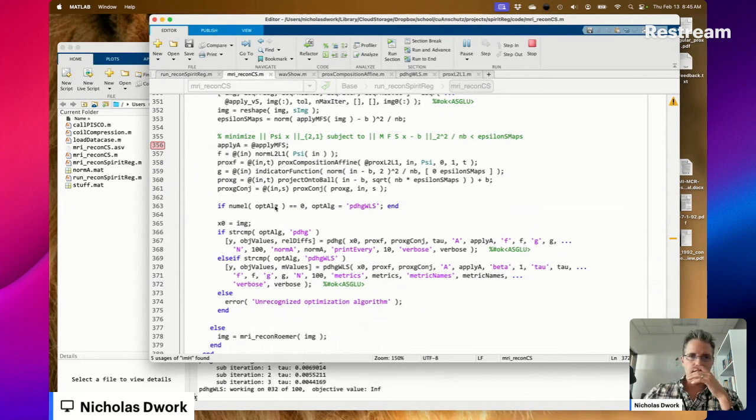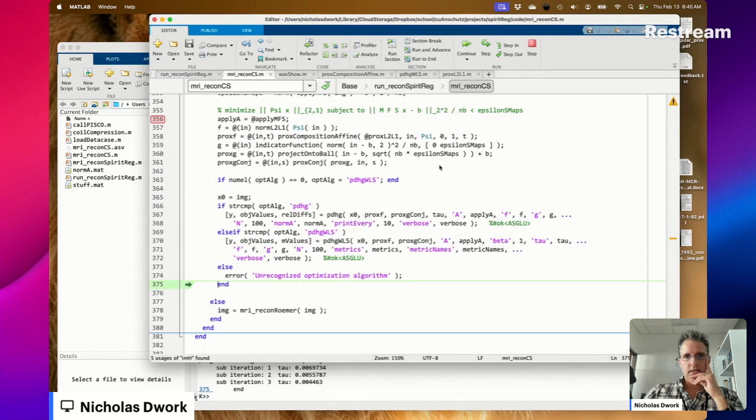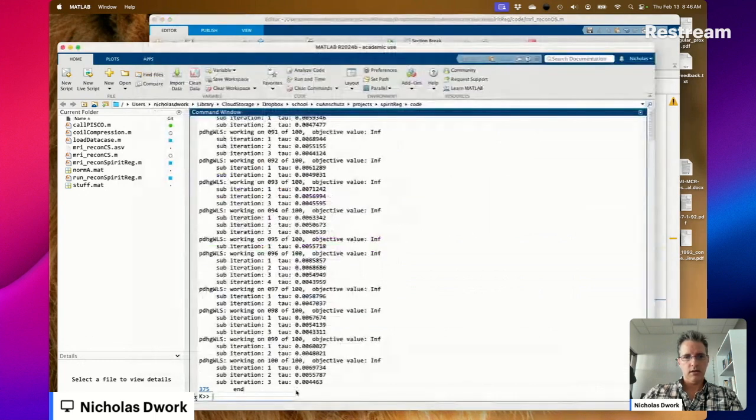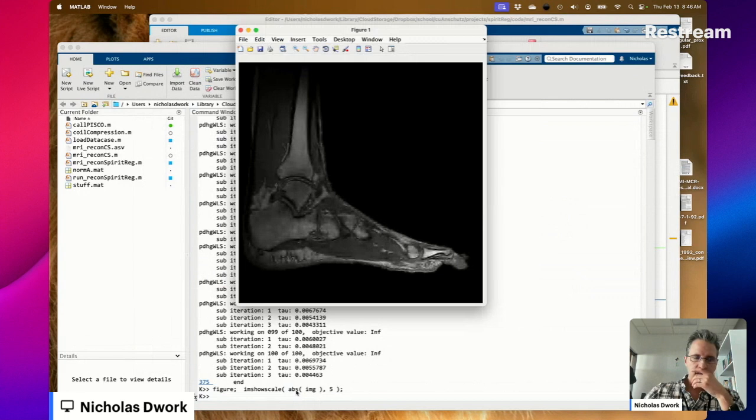Okay, so now this is doing MFS. This is doing this problem here. What is epsilon S maps? 7 times 10 to the negative 6, okay. That looks terrible.